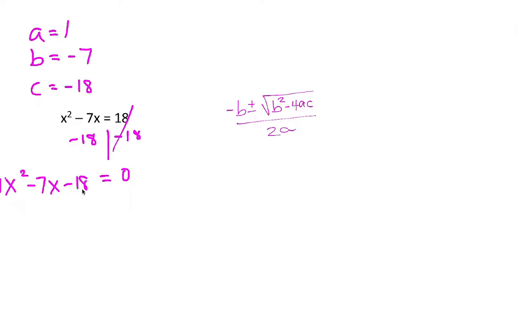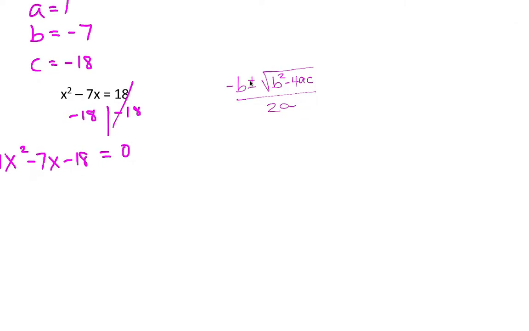So now that I know my a, b, and c, I'm going to use these values to plug into this equation. So it's one big fraction, so I like to start with the fraction bar. Remember, treat this as the opposite of your b value. So look at my b value. It's a negative 7, so I'm going to start with a positive 7.